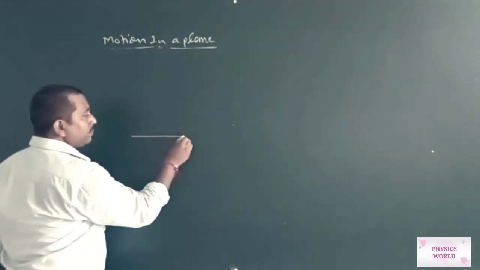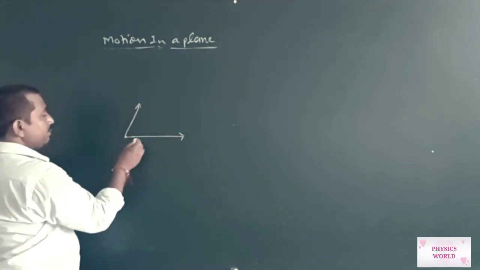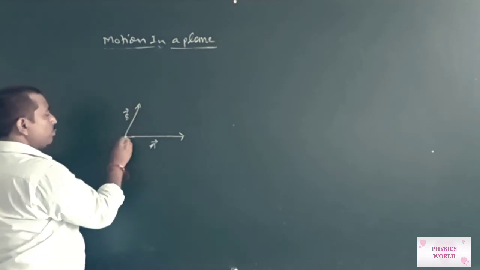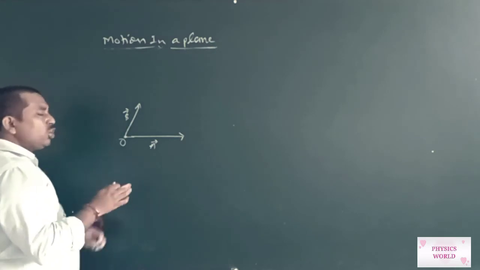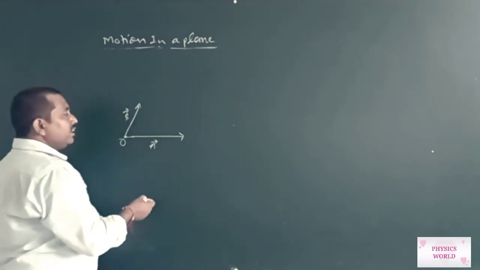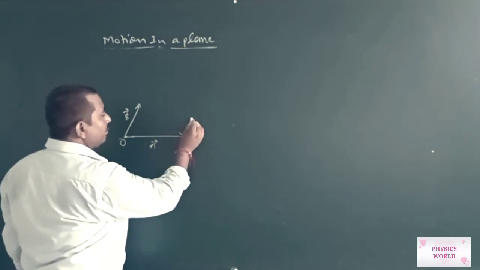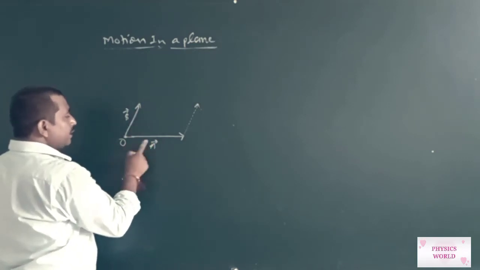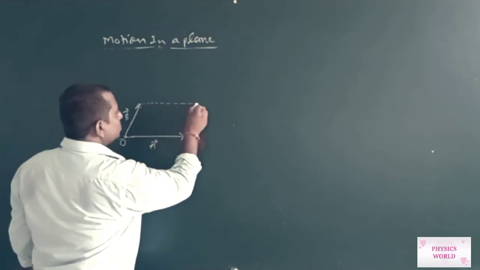Also, if we talk about the parallelogram law, then mention here: if two vectors, vector A and vector B, are co-initial vectors originating from any point O, then we form a parallelogram with the help of these two vectors. We draw vector B starting from the head of A, and we also draw another vector A starting from the head of B. So this is a parallelogram.